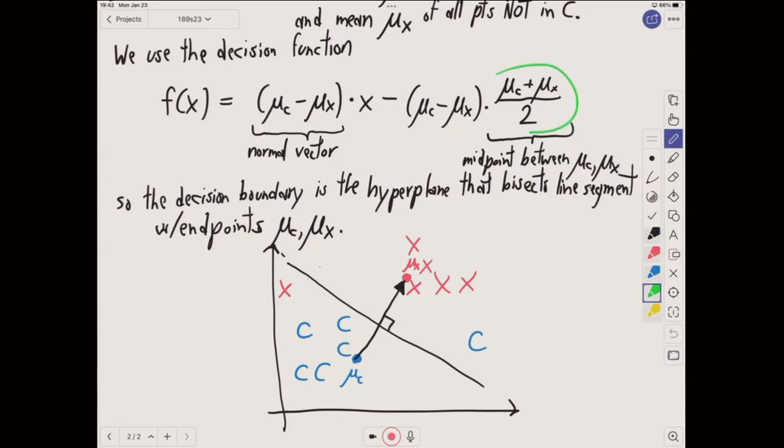So again, this point here, that's the midpoint, exactly halfway between mu C and mu X. And so the centroid method will produce this classifier. And you'll notice it does not have 100% training accuracy. You might say, well, I don't like that very much, because obviously there is a linear classifier that gets 100% training accuracy, and this is not it.